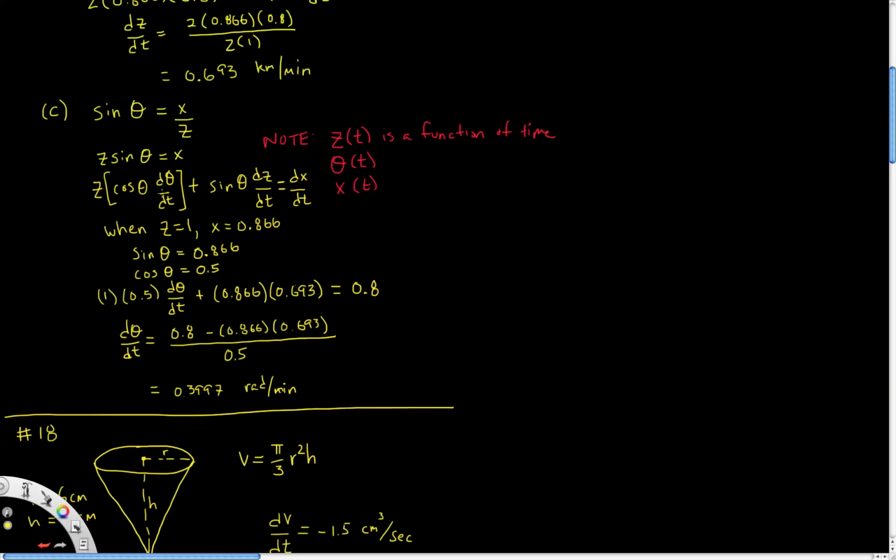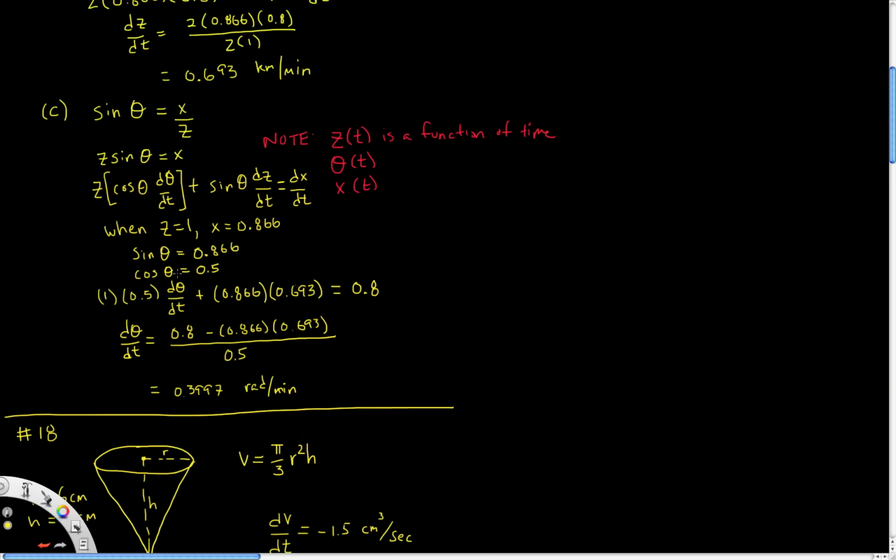But because I'm dealing with theta here, I'm going to have to figure out what the sine of theta is and what the cosine of theta is at the particular instant in time when z is equal to 1. So, sine of theta, right, that's opposite over hypotenuse. So that's just going to be 0.866 divided by 1, and I just wrote that as 0.866.